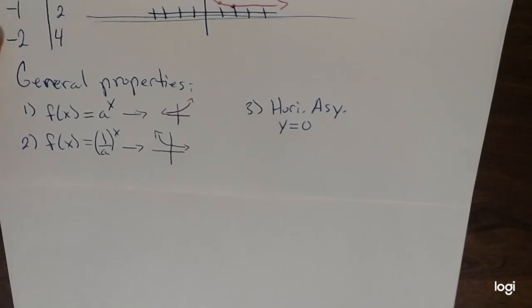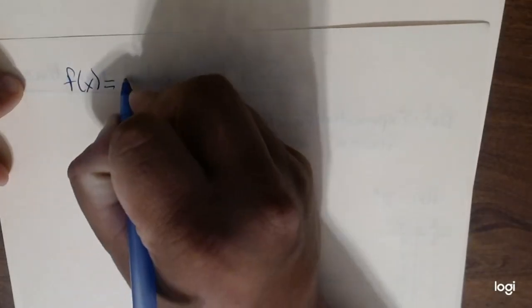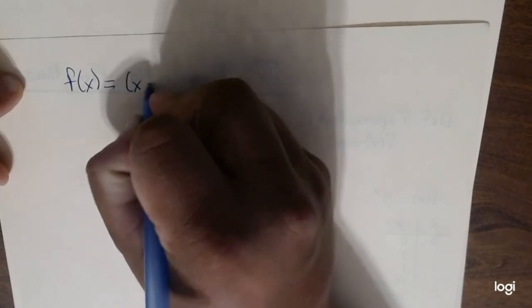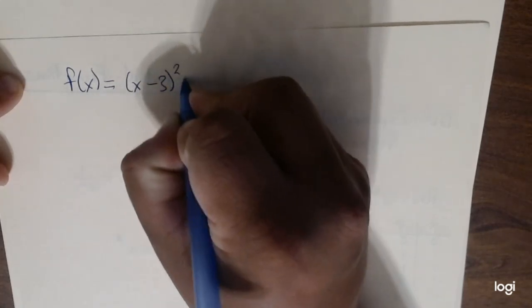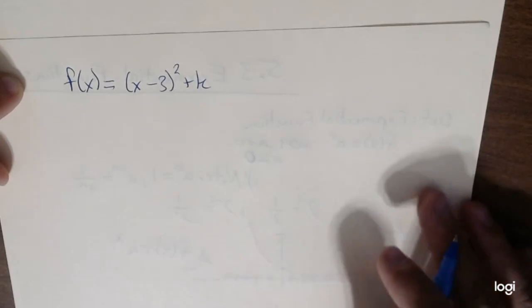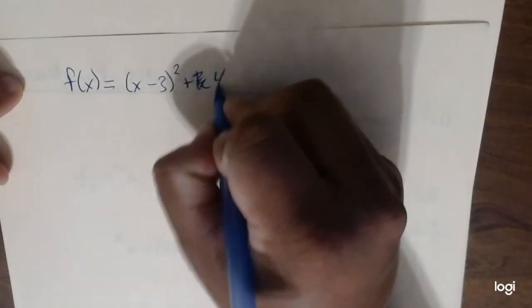Now the whole goal is actually graphing these types of graphs in different situations, right? So a quick little review. Do you remember when we had this? Oh, actually, okay, 4.